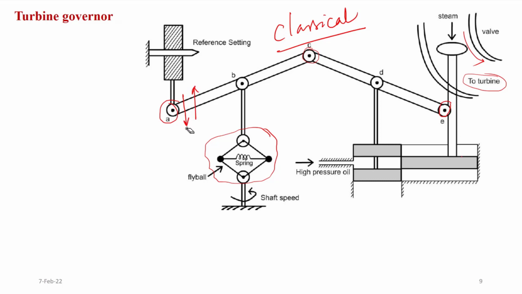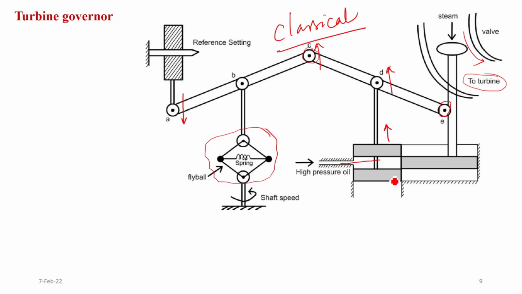Now we'll see the operation. Suppose I want to change the reference setting to increase the speed. If I move point A down, then as this point is constant, your point C will move up and your point D also will move up. As soon as this auxiliary piston moves up, high pressure oil will pass through this.